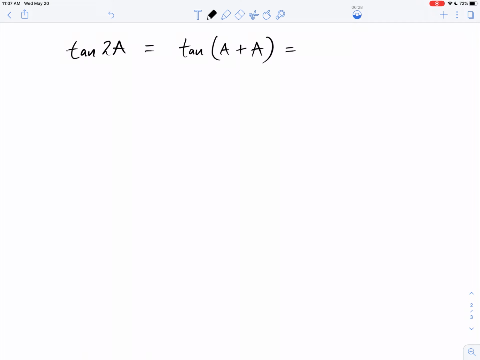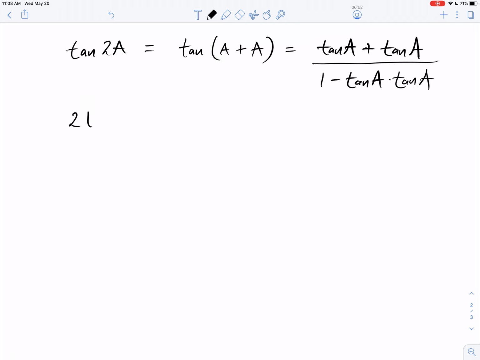Well, in the formula for sum, I would say it's tangent A plus tangent B. But I don't have a B, I have another A. And in the bottom of that formula, it says 1 minus tangent A times tangent B. But I don't have a tangent B, I have another tangent A. So if you look at the formula in the brown box, it's written like this: 2 tangent of A, over 1 minus tangent squared A. That guy is called tangent 2A.